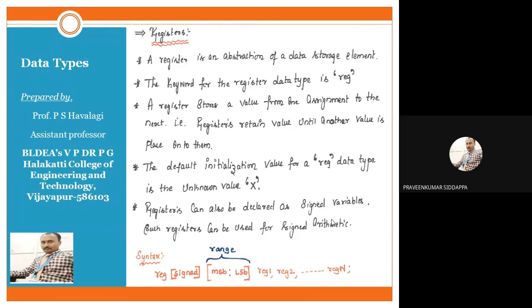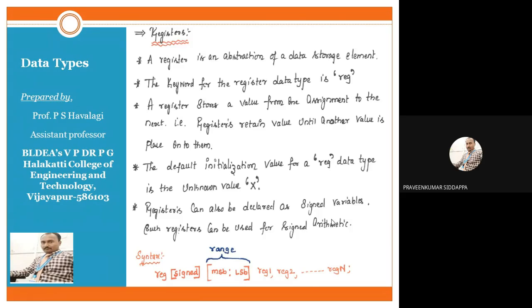Whenever we are writing a register as a data type, if you are not giving any value to it, then by default it will take an unknown value. It cannot take 0, it cannot take 1. Sometimes he will ask this as a sub question also. Whenever we are writing any code with the help of a register data type, what should be the default value?